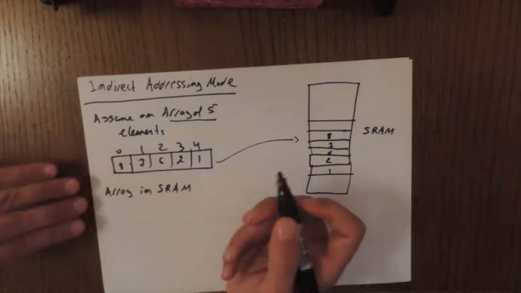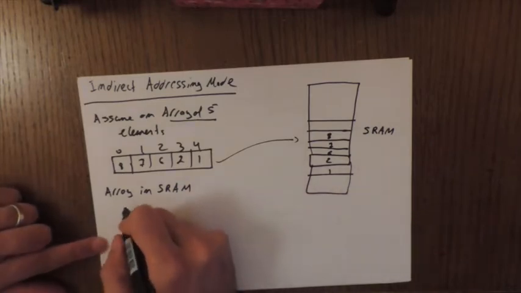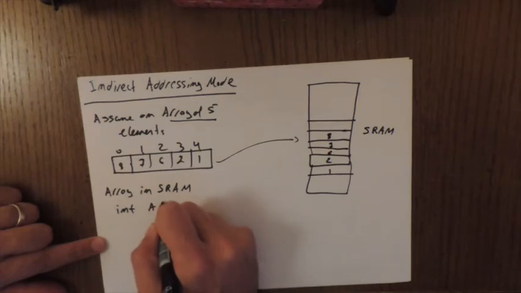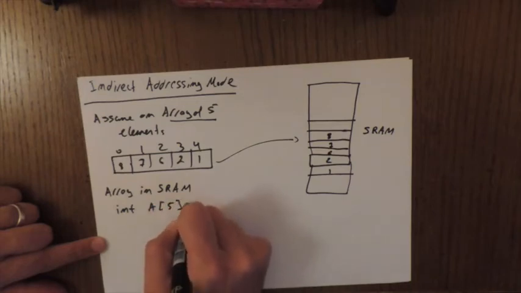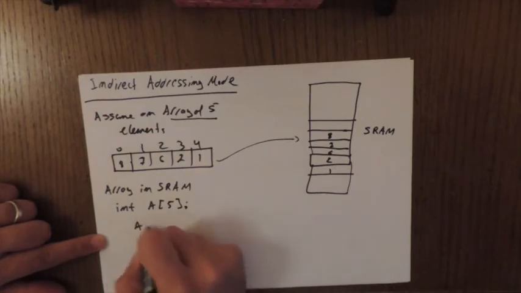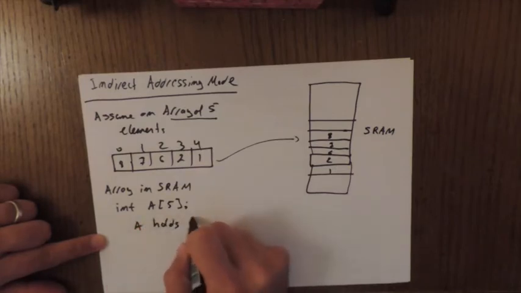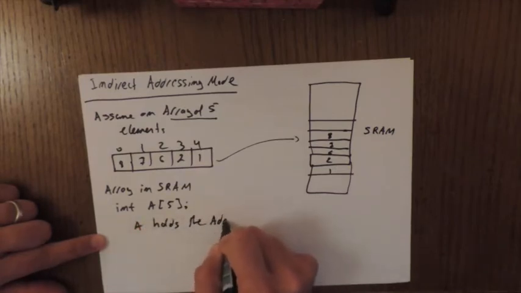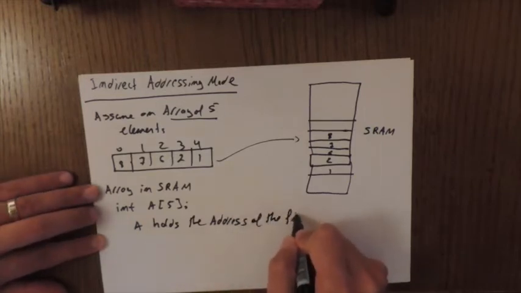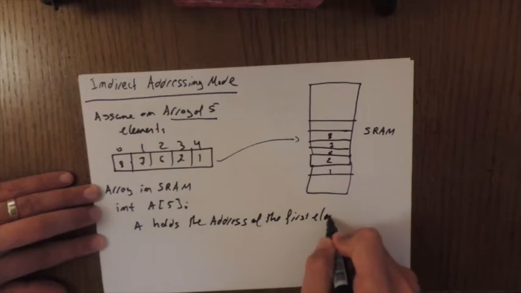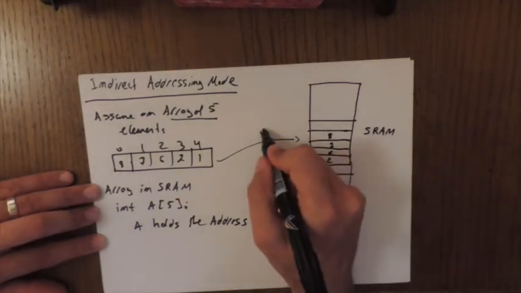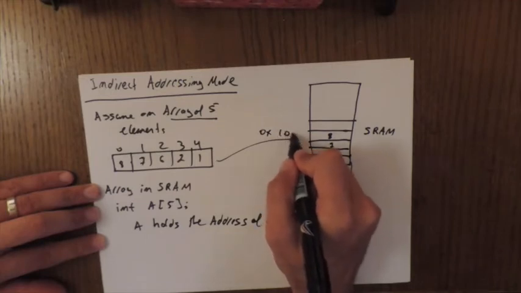Okay, so we know that typically what we do is to define an array. We say we need an array of 5. We know for a fact that A holds the address of the first element. In this case, let's say this is at 0x100.